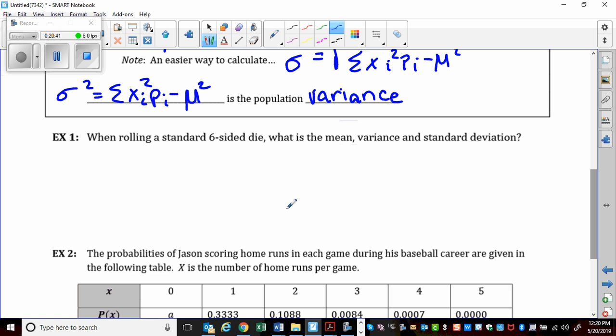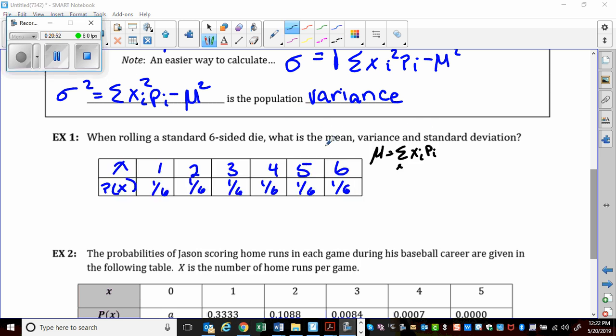Alrighty. It says when rolling a standard six-sided die, what is the mean, variance, and standard deviation? So in order to do this, first we need to find the mean. I just drew a table and I wrote in there the dice and then the probability of each side of rolling each side. So the mean is a sum of the expected times the probability of each.